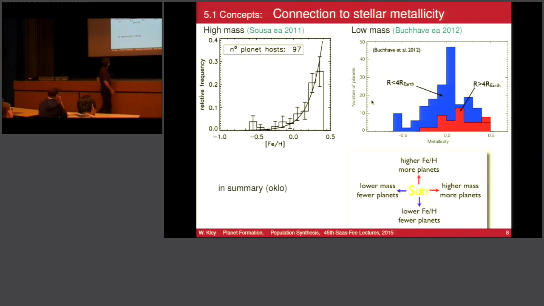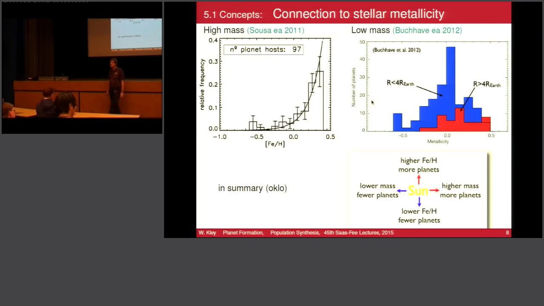On the right, this is the more recent, interesting discovery. These are the low-mass planets. Okay, these are planets with a radius smaller than 4 Earth radii, and they have this blue distribution here, and these ones here are for larger than 4 Earth radii. And here, honestly, I don't see much difference between the red and blue.